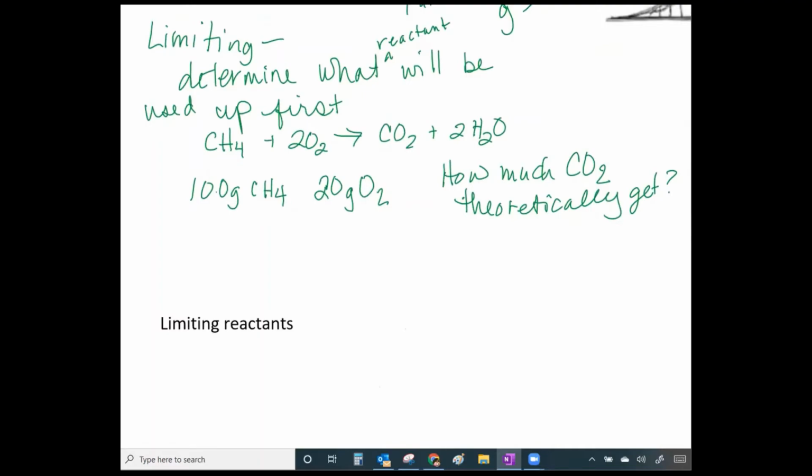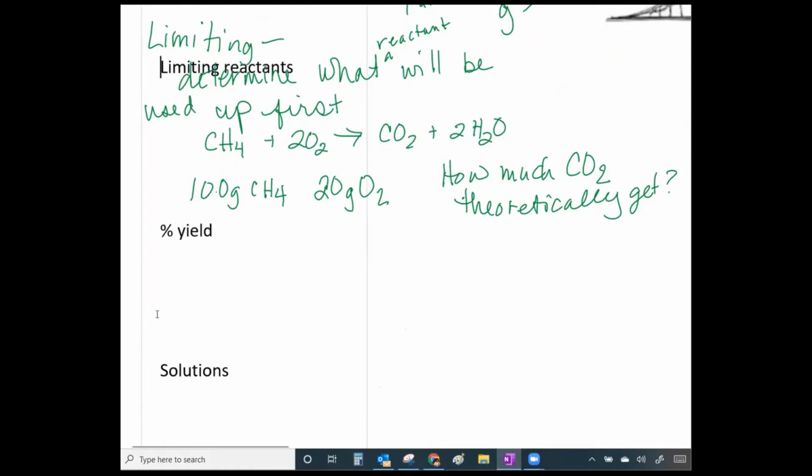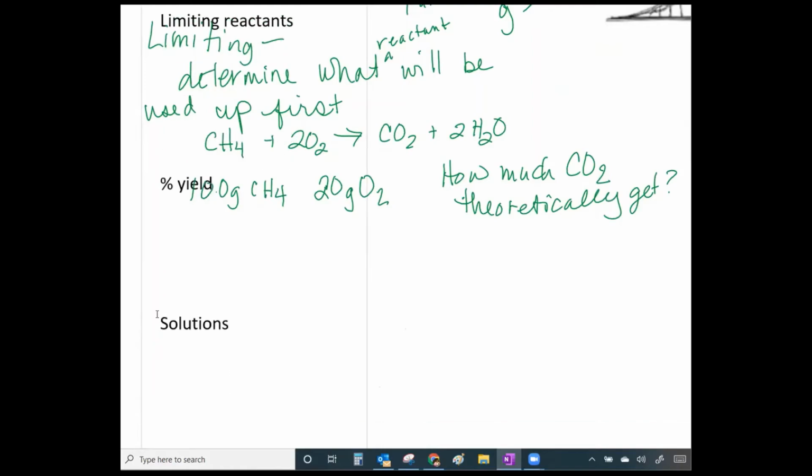How much CO2 will I get? Theoretically means what should I get? So the way that I taught you guys is, and I guess I should be writing this under limiting reactants. Let me bring this up. There we go.